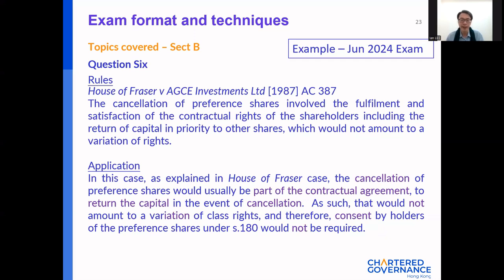It's sort of like borrowing money. But if it's already part of the agreement that at some time there will be a return of capital, and in the case of preference shares, they will get it in priority to other ordinary shares, then it's just following the agreed steps, the contractual rights of the parties involved in the preference shares. In that case, that would not amount to a variation of rights.